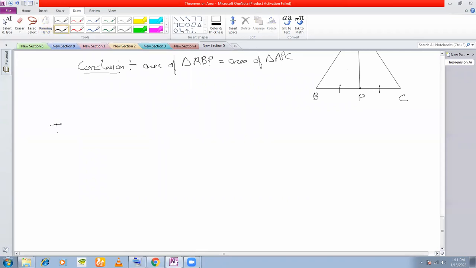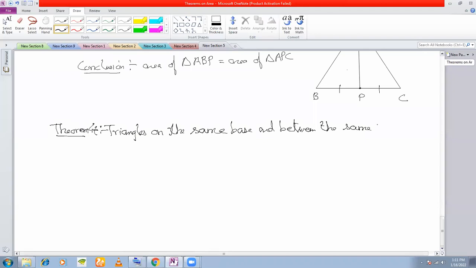Also an important theorem, theorem 4. Triangles on the same base and between the same parallel lines must have equal areas.